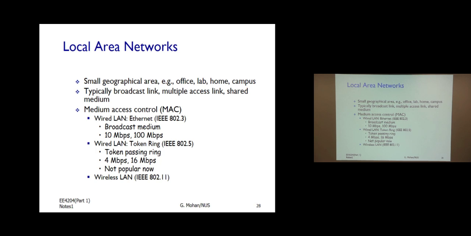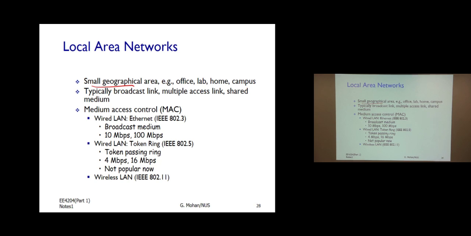As the name says, it covers or spans a small geographic area: office, lab, home, campus. When I say small, I don't give the exact number of how small it is.